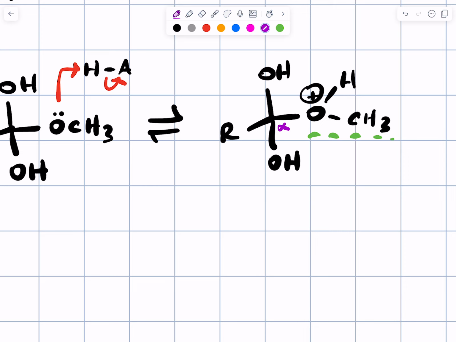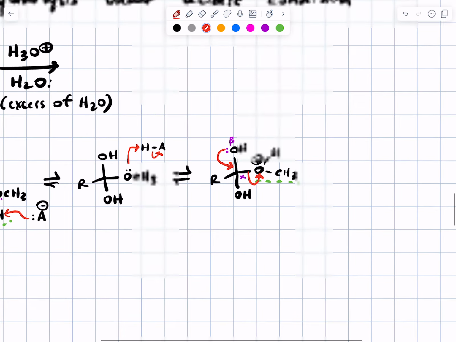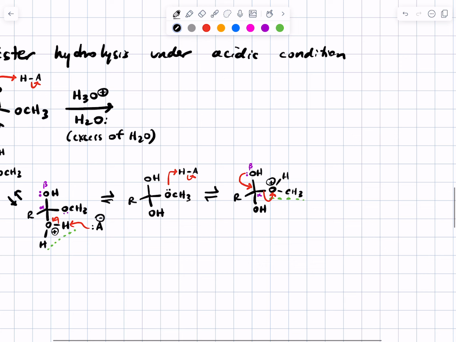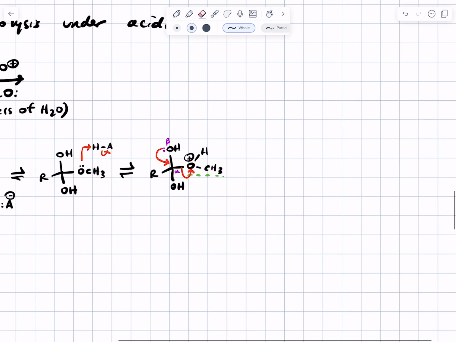We have two identical oxygens at the beta position. I'm going to choose this one, but you could just as easily choose the other. Lone pair electrons kick down and kick off the leaving group. And that will lead us to our final product, well, almost to our final product, sorry, not quite there. That will lead us to the following species.